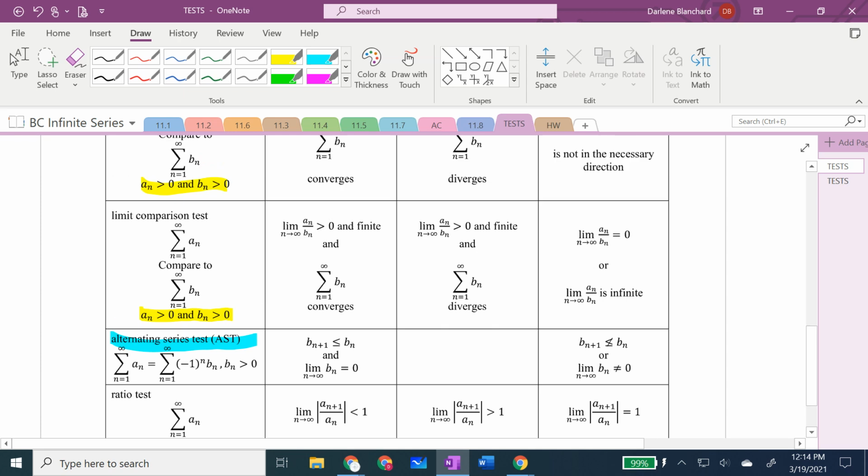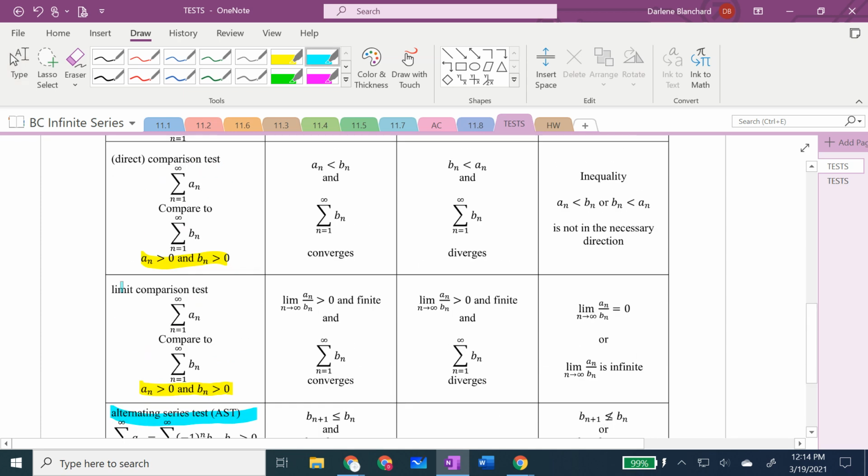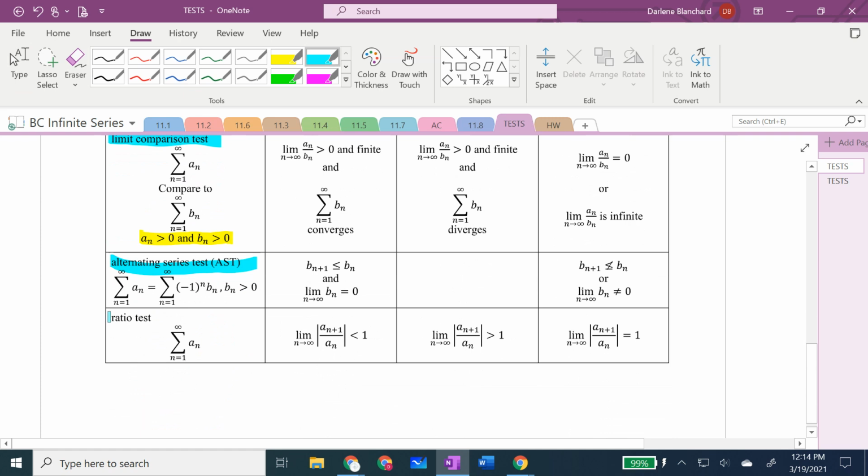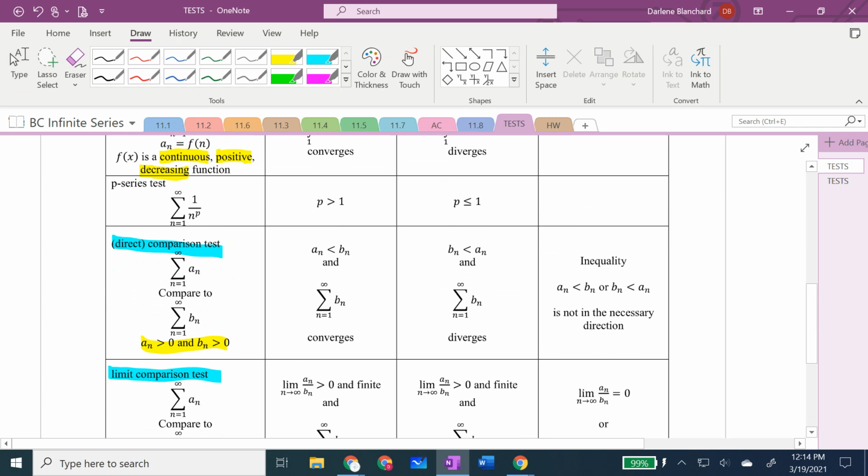If you see only multiplication, ratio test deals with multiplication really well. And additionally, if you see a factorial, ratio test deals with factorials.